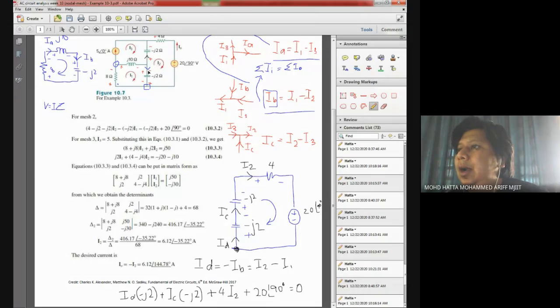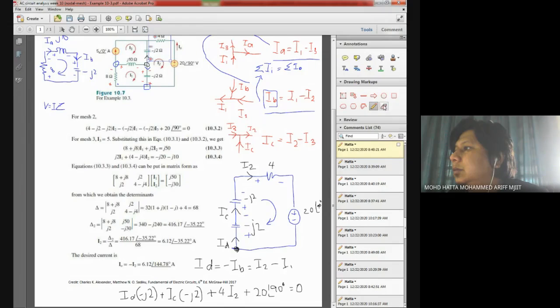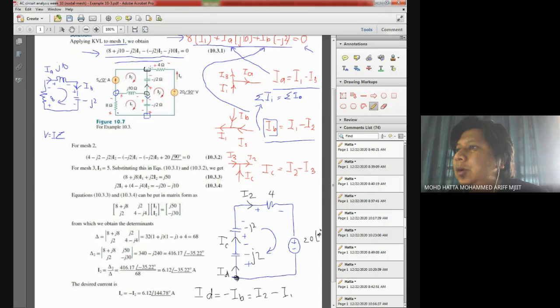For IC, I have two options: whether to assess this point, or maybe I can assess this point. And as I explained earlier, assessing the point in the middle is quite difficult because it involves a current which contains another current.